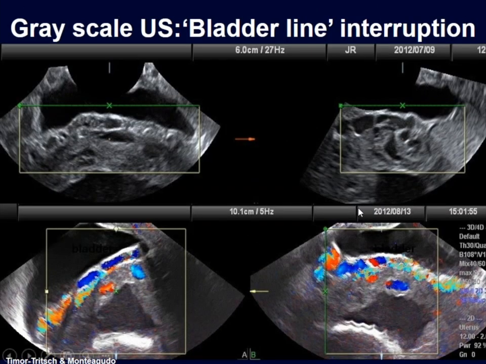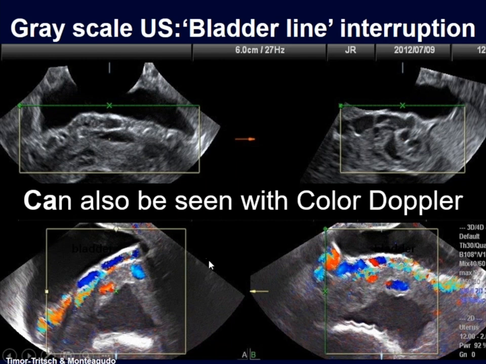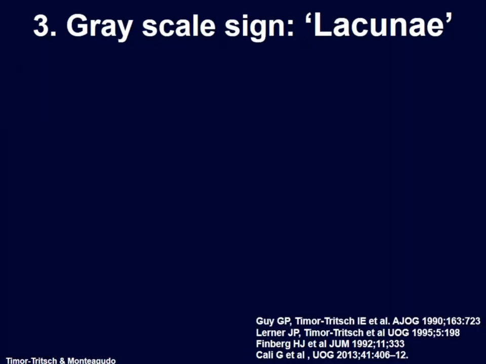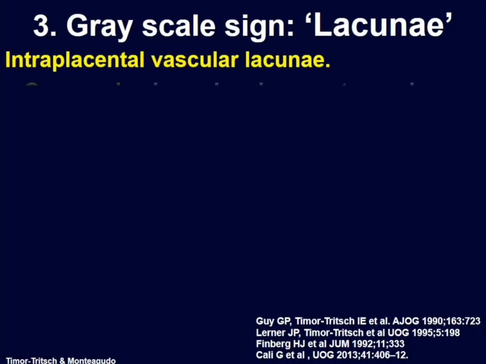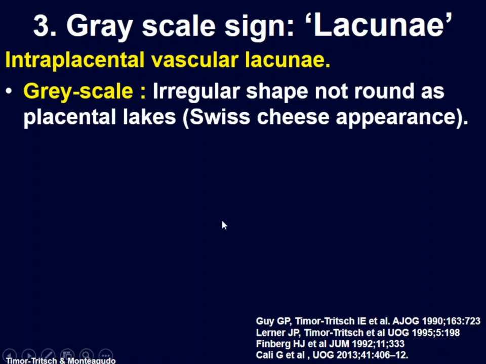This bladder line interruption can be seen with grayscale, in the upper pictures, the coronal and the sagittal picture, and in the lower two pictures with color Doppler. So both will be diagnostic when applied.